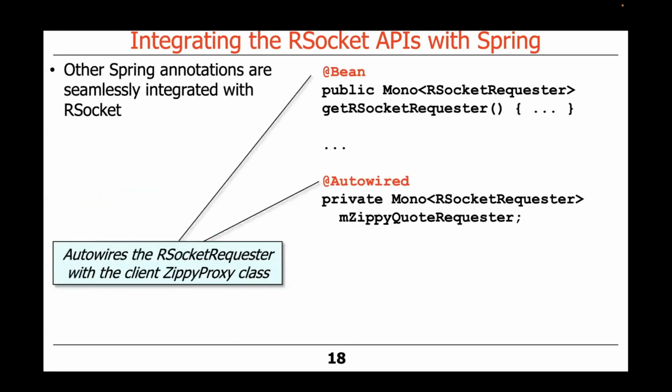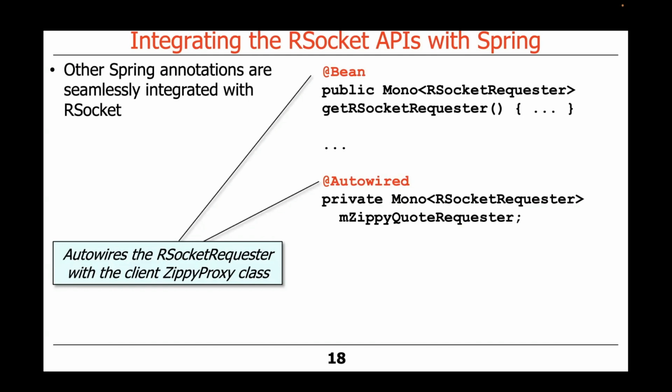I should also mention briefly that many of the other Spring annotations that you know and love are also seamlessly integratable with RSocket. So, for example, you can have beans that are factories that make things, and you can also have auto wiring to auto wire the results of those beans.